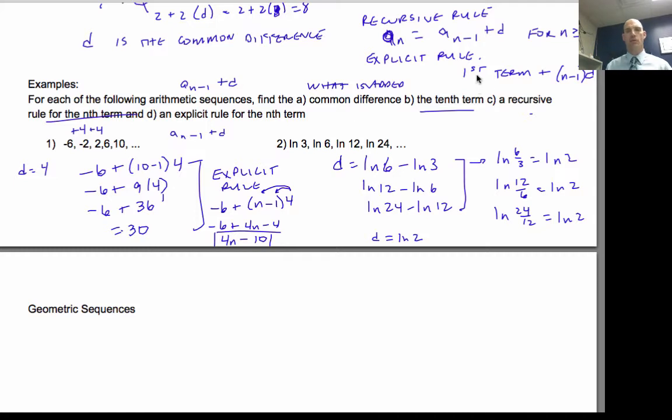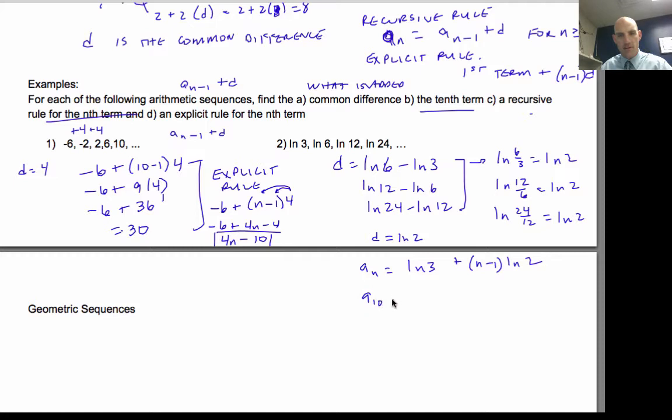If I use my formula here, a sub n is equal to the natural log of 3, that's what we started with, plus n minus 1 times my common difference. So it's what I started with, a sub 1, plus the natural log of 2 times n minus 1.